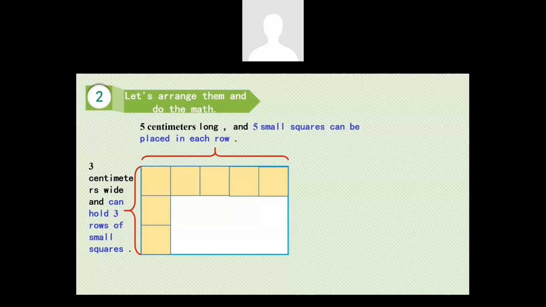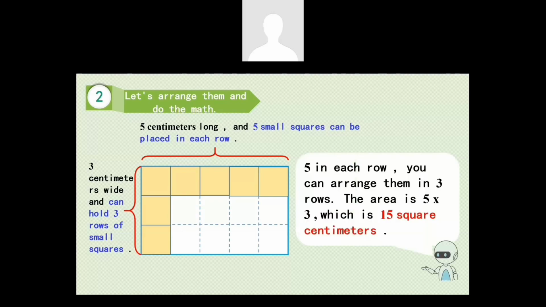So the area is 15 unit squares of 1 square meter. Centimeter, not meter. Covering the rectangle, right?